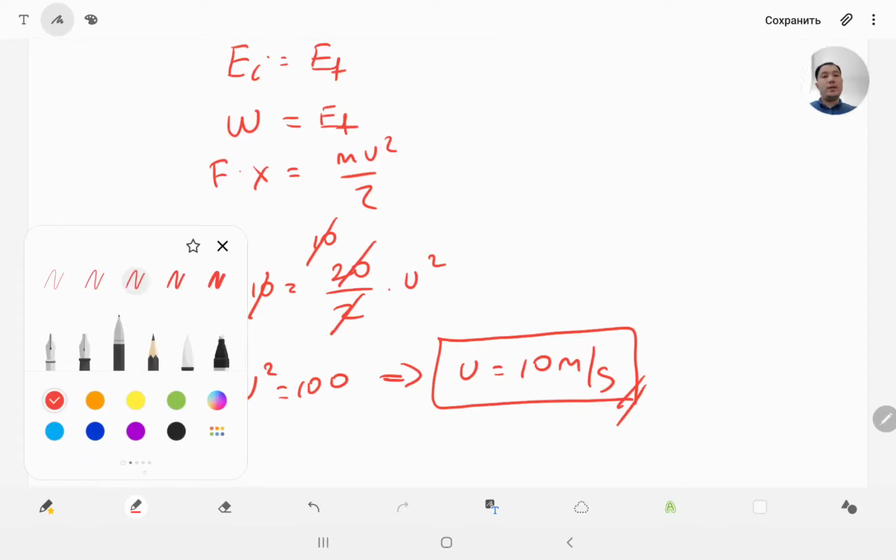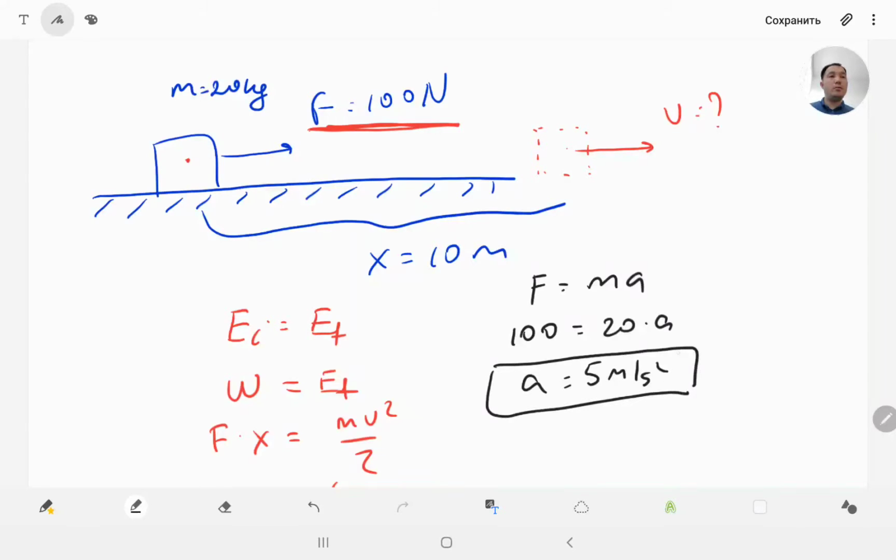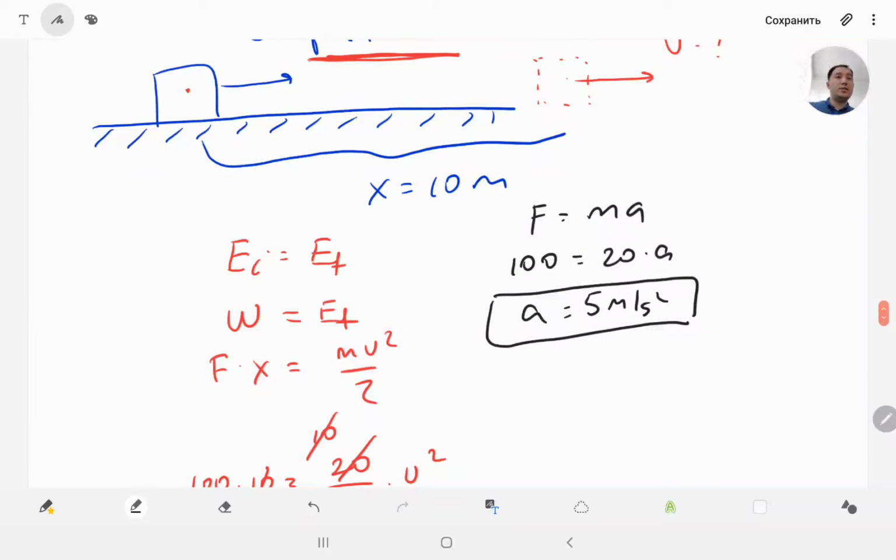Now let's solve it by using dynamics and kinematics. So according to Newton's second law, F equal to ma, 100 equal to 20 times a, it will accelerate with 5 meters per second square. Now we can apply the kinematics second equation. V final square equal to V initial square plus, because velocity increases, 2 times acceleration times distance.